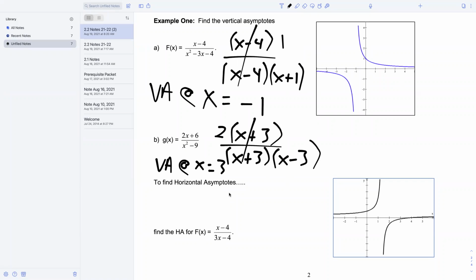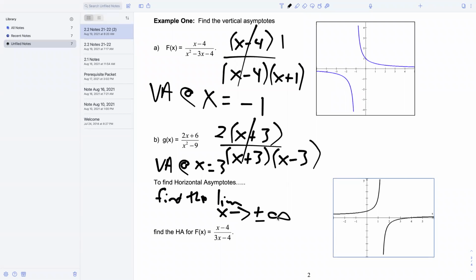So to find the horizontal asymptotes, I'm going to find the limit as x goes to plus or minus infinity. That's why we were doing these. When I find the limit as it goes to infinity or negative infinity, I'm finding the horizontal asymptote.